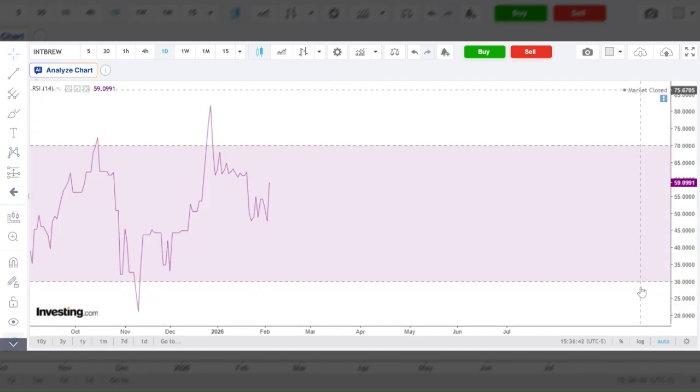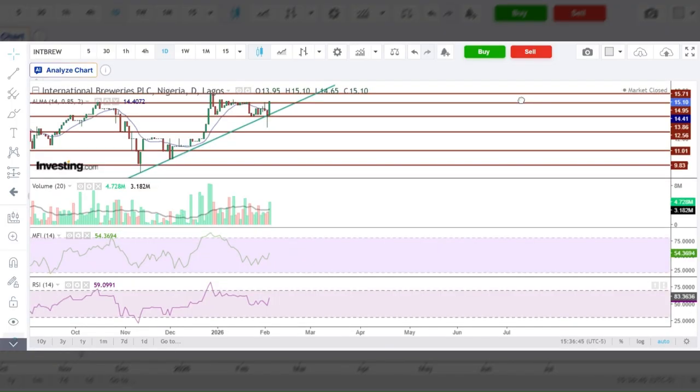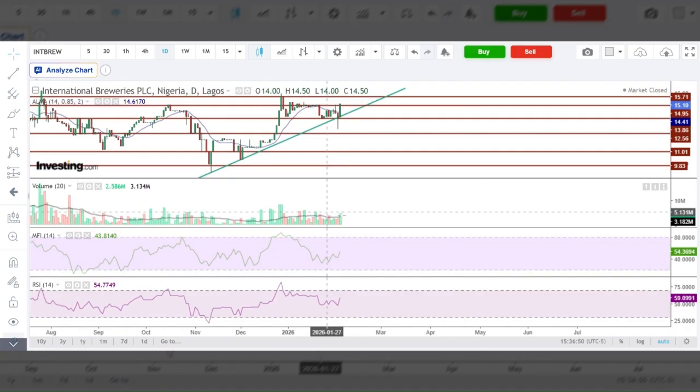At 59.0991. So, what can I say? I will conclude that this is a good buy signal, and also the earnings behind the stock are actually good in my opinion. It has potential, which makes the stock tradable.